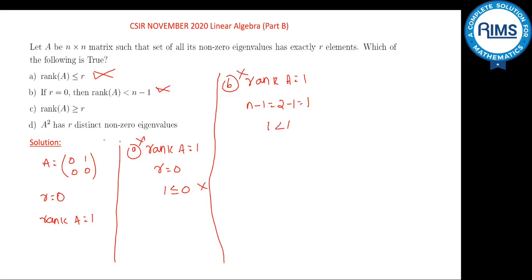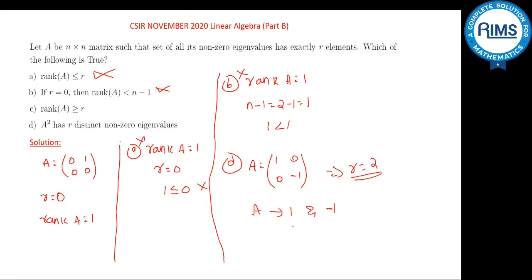Now consider option D. A square has r distinct non-zero eigenvalues. For that I consider a matrix capital A equal to [1 0; 0 -1]. This is a diagonal matrix, so its eigenvalues are the diagonal entries. The eigenvalues of this matrix are 1 and minus 1. That implies r equals 2, since r is the total number of non-zero eigenvalues.